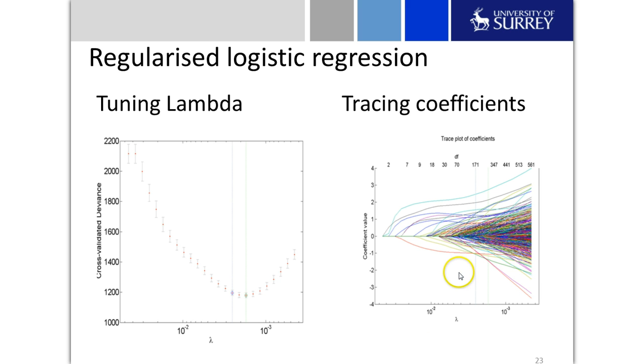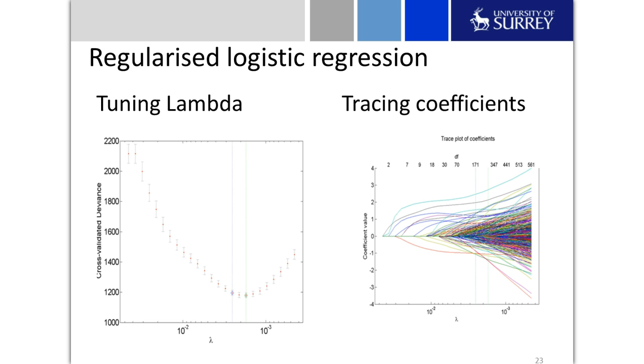Now here in this diagram, on the right, you see that the values of the coefficients increase as we decrease the lambda value. Now too small a lambda value will cause the coefficients to grow very quickly, and eventually all the coefficients will take on some values.